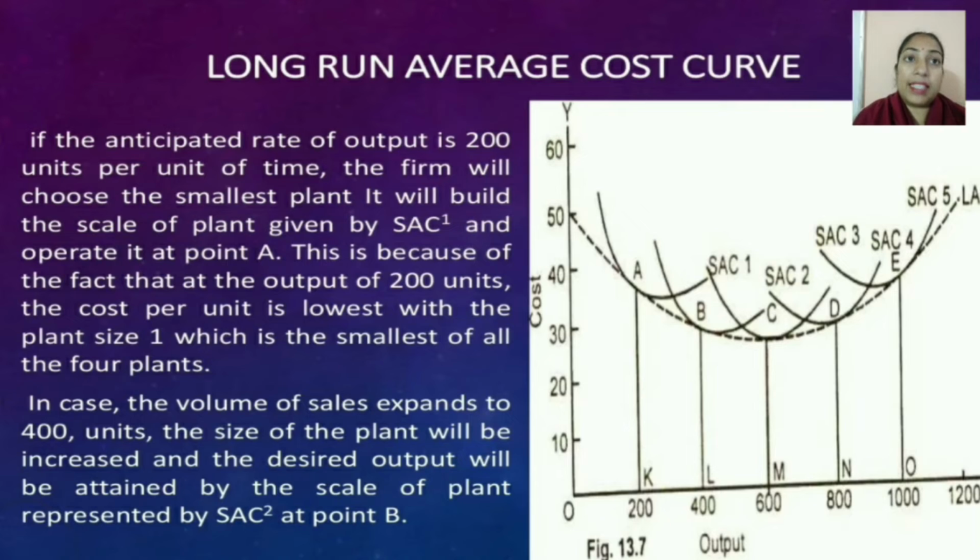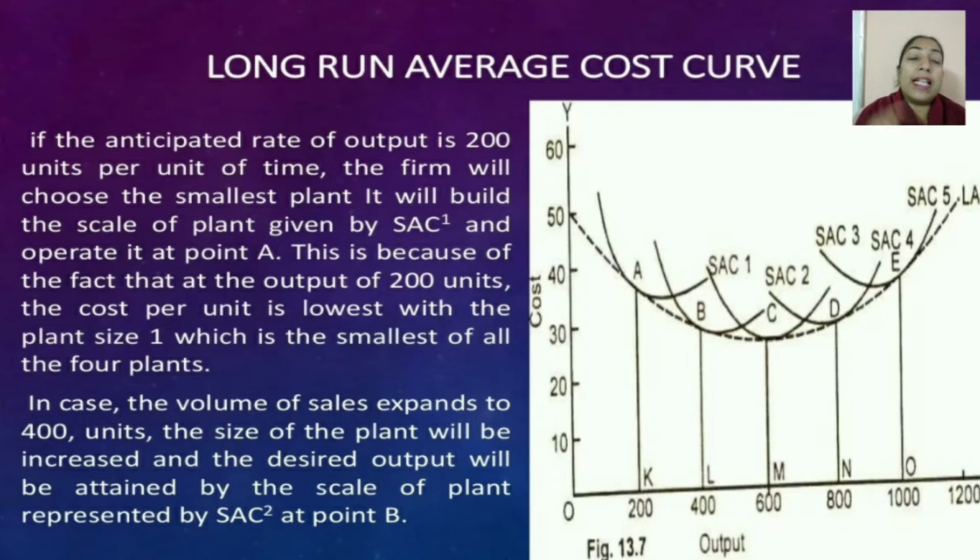It operates the plant at point A, where the cost is minimum, because for an output of 200 units, the cost per unit is lowest with plant size 1, which is the smallest of all the 4 plants.